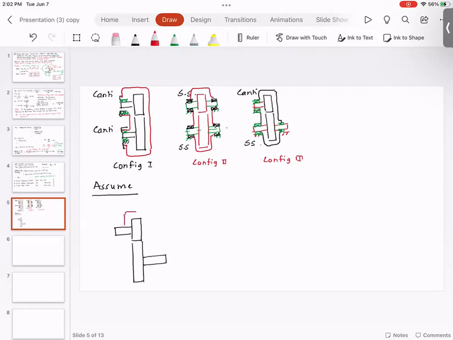And then I'm going to assume that there is this housing. So this is shaft 1. This is shaft 2.